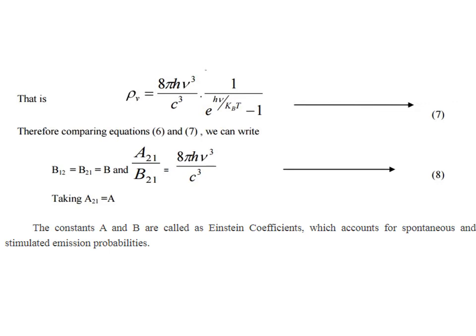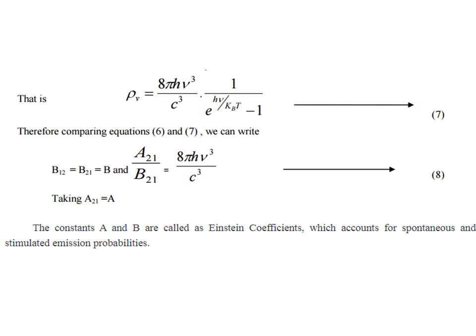Which of these transitions will take place, or will dominate, will depend on the population in the corresponding levels. For example, if N1 is more, there is more chance of absorption, or if N2 is more, the stimulated emission chance will be higher.